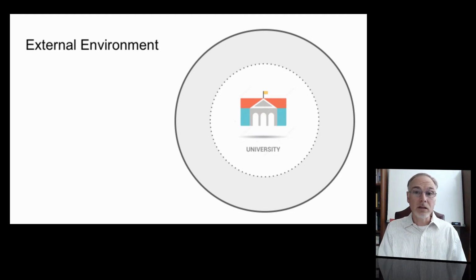It looks at macro level factors because they can have a massive impact on a university. Now, this is a one-way relationship. Those macro level factors have an impact on the university, but a university's operations don't influence or change the macro environment that it operates in.